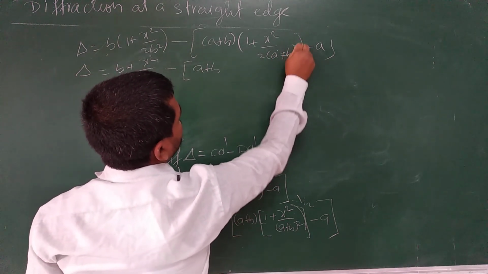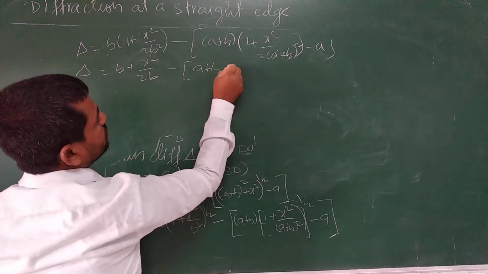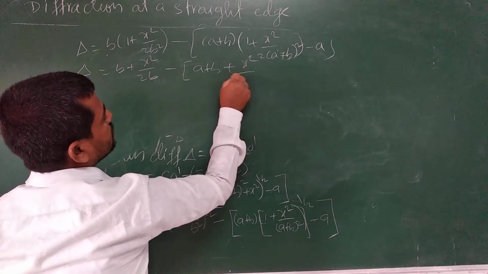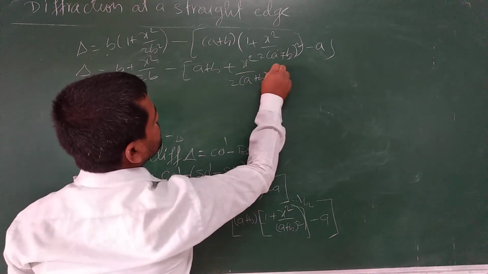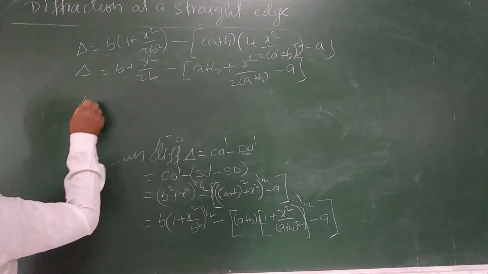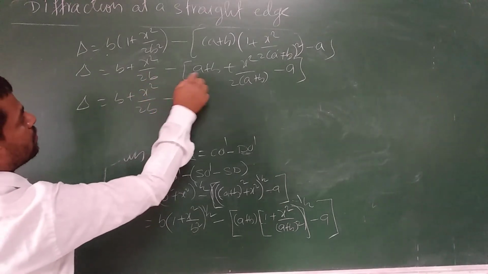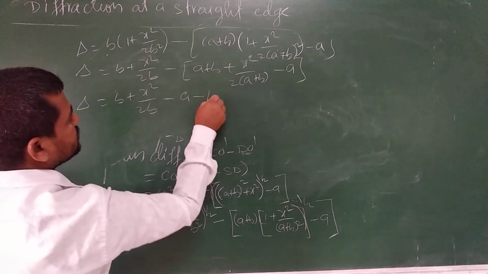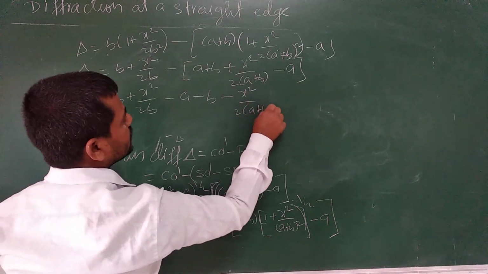A plus b into a plus b whole square becomes a plus b down, x square by 2 into a plus b, minus a. Multiply minus inside: b plus x square by 2b minus a minus b minus x square by 2 into a plus b.